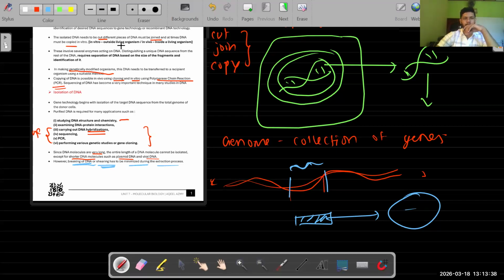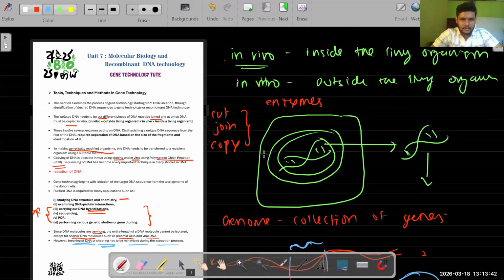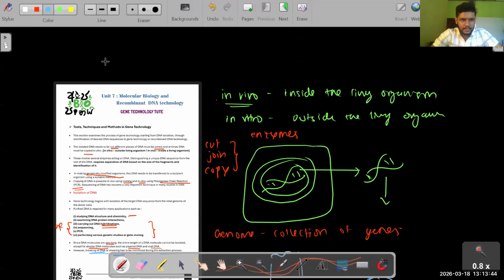Clear. Okay. Perfect. This part is completely clear, right? Then let's move to the next part.